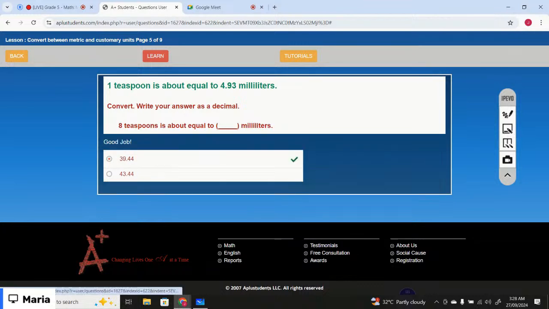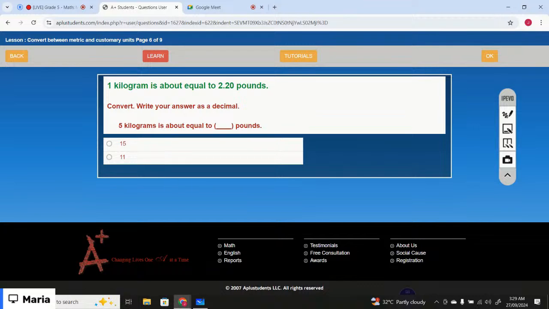Option number 1 is the correct option. 1 kilogram is equal to 2.20 pounds. So 5 kilograms is equal to, which is the correct option?